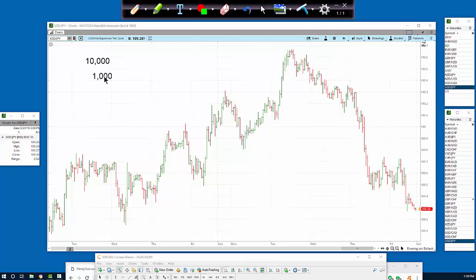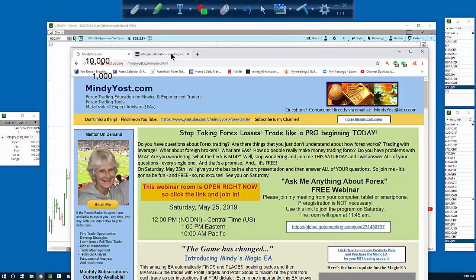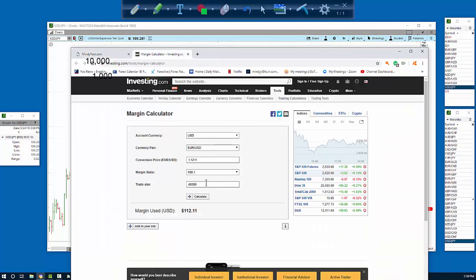The first thing you would need to do is know your leverage. Just because I have $1,000 that I'm going to invest in one trade, that does not mean I can't go to the margin calculator and figure out how big of a trade I can make for $1,000. Now I'm using 400 to 1 leverage.